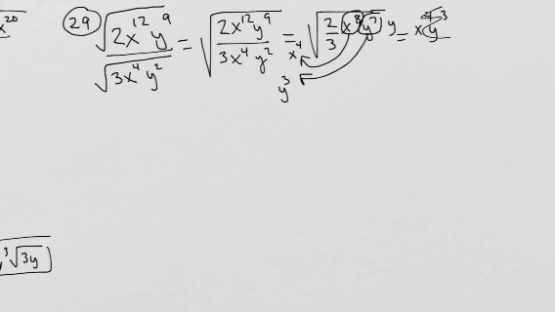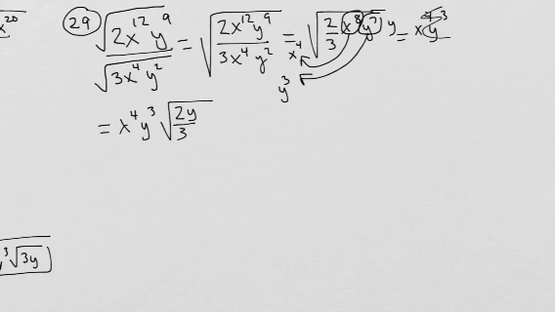It's kind of sloppy. So over here, x to the 4th, y to the 3rd, times the square root of 2y over 3.